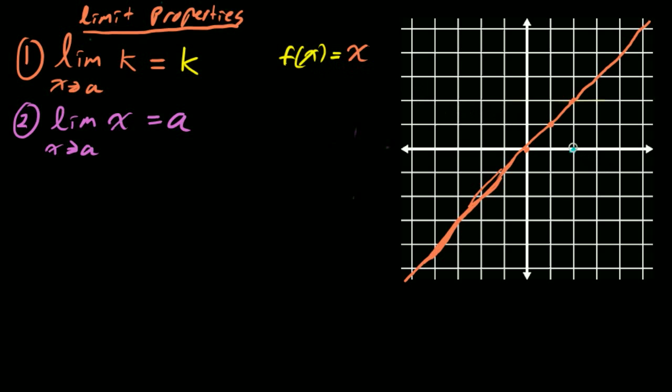So if we chose 2, the function would approach 2. If we chose 5, the function would be approaching 5 at that point. So the limit as x approaches a of just the function x is going to be equal to a.